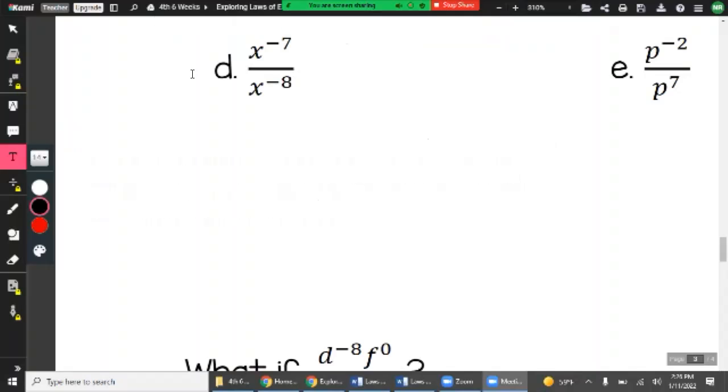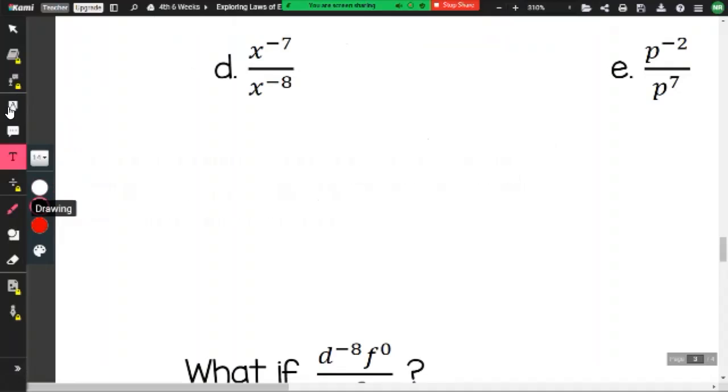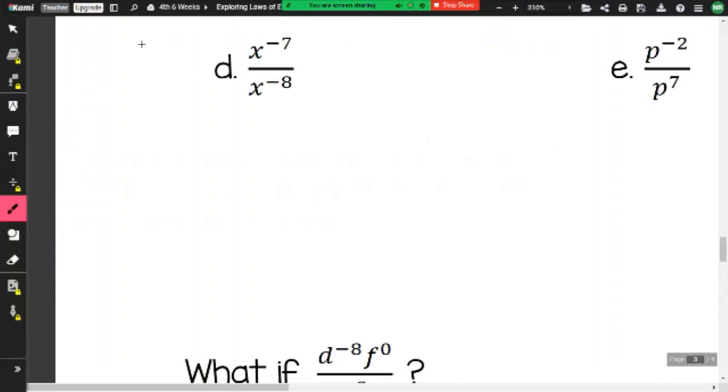So let's look at example D. When you're dividing the same power, the base stays the same, so x remains x, and you subtract the exponents. Now, when we covered this topic on Friday, I told you to use that fraction bar, the division bar, as my minus sign to remind you to subtract, okay?